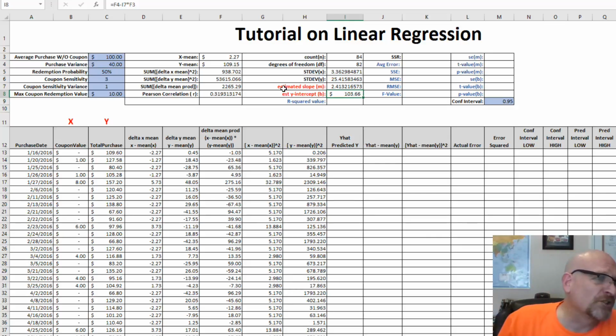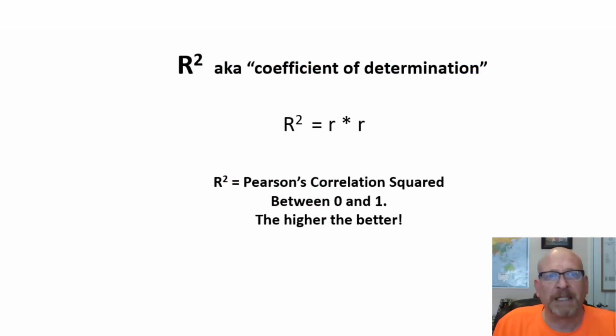You may ask, why do we call it R-squared? Well, because it is essentially R squared. R is Pearson's correlation, right? And so we take that and we square it, and we get R-squared.